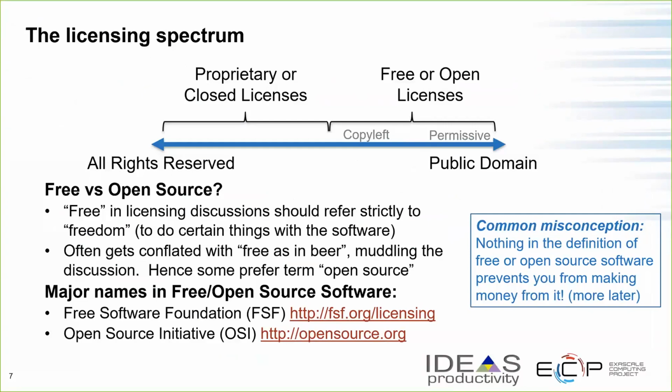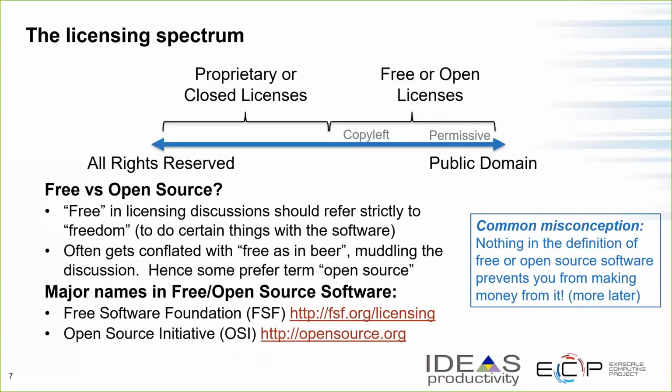If you look at the major names in the open source community, you'll definitely run into two that are worth paying attention to. One is the Free Software Foundation, which are the folks behind GNU Linux and other important packages that many of you are familiar with. And the other is the Open Source Initiative, or OSI.